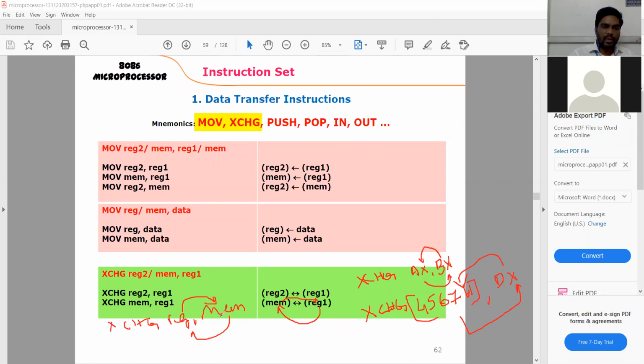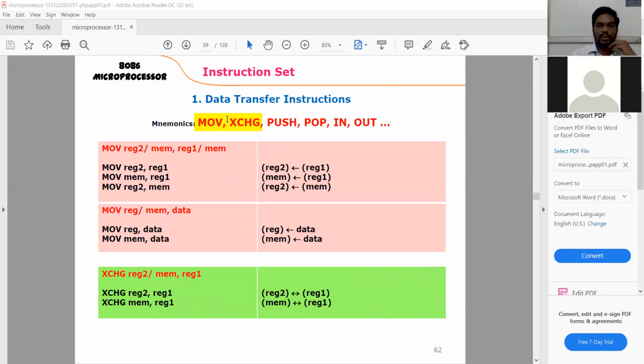That means our source could be a memory location. Here only a register as a source operand was given to you, but our source could be a memory location too. If you understand the basic thing, then you could easily understand these instructions.